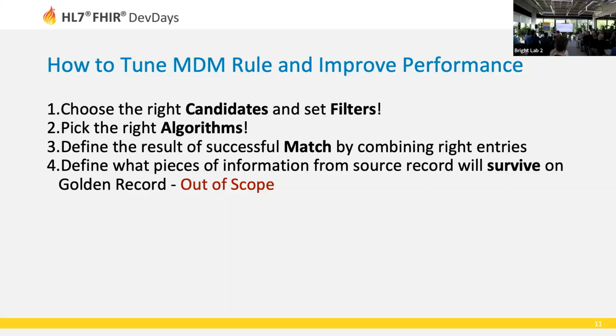And also, you need to define what information will survive on the golden record, which is out of scope. HAPI doesn't support that. In SMILE, we have something called survivorship, and that's where you can configure what will survive in your golden record, but I won't cover that as part of today's session.